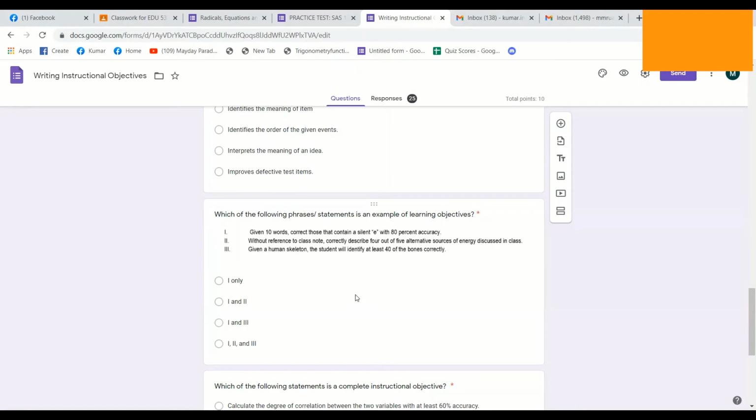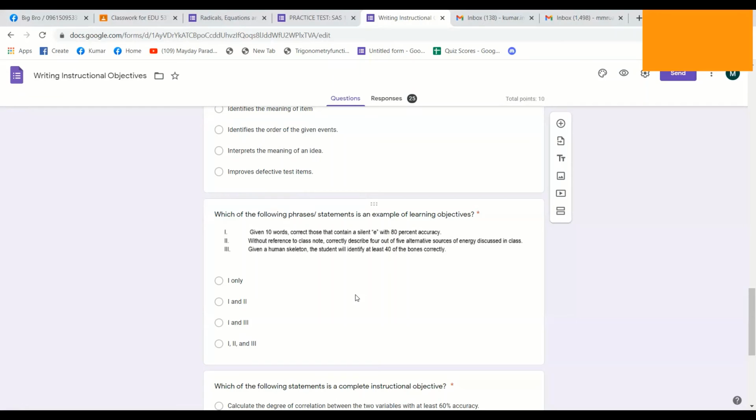Then we have 3. Given the human skeleton, student will identify at least 40 bones correctly. So given a human skeleton, that is your stating condition or special condition. Identify the bones correctly, that is your observable behavior. Then at least 40, that is your criterion.